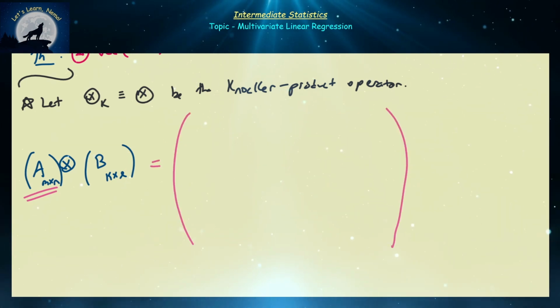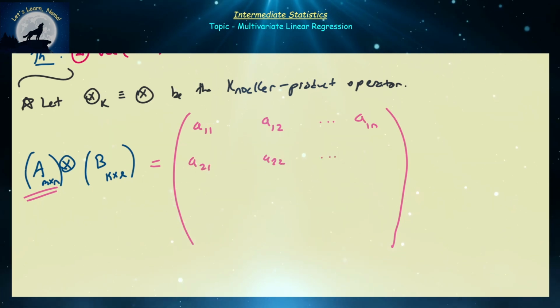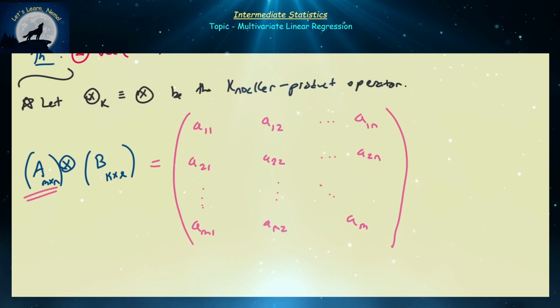A is going to be A11, A12, all the way down to A1n, and then A21, A22, down to A2n, and that's going to continue all the way down to AM1, AM2, all the way down to AMN. So that's what A would look like.